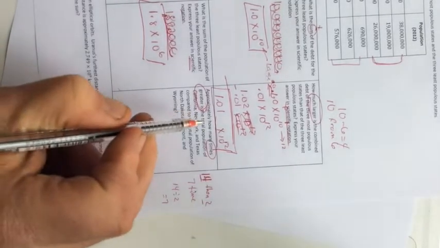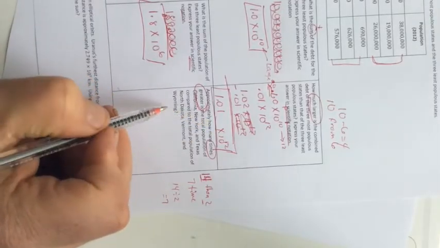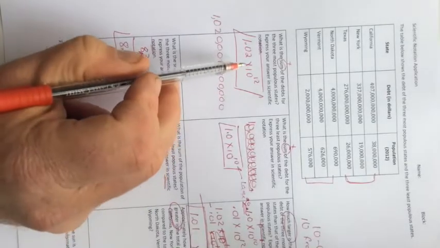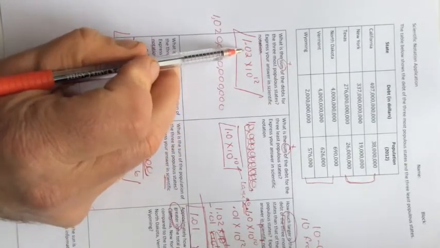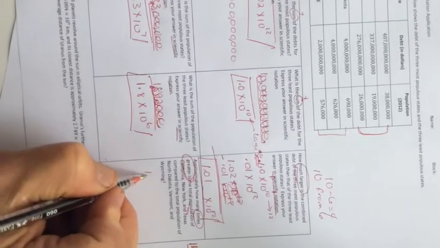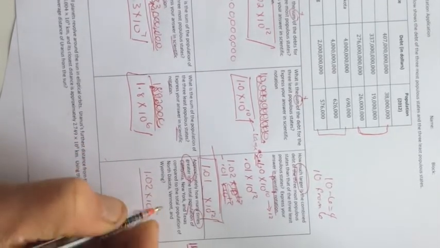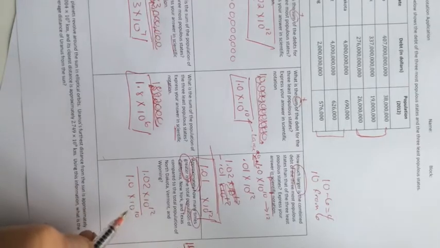So how many times greater are the big states than the little states? And we're talking about population. So we're talking about this one. How many times greater is this one than this one? Well, let's take a look then. The big one is 1.02 times 10 to the 12, and we want to see how many times 1.0 times 10 to the 10 will go in there. Now it does say approximately, so let's just take a look. Now remember what happens here.